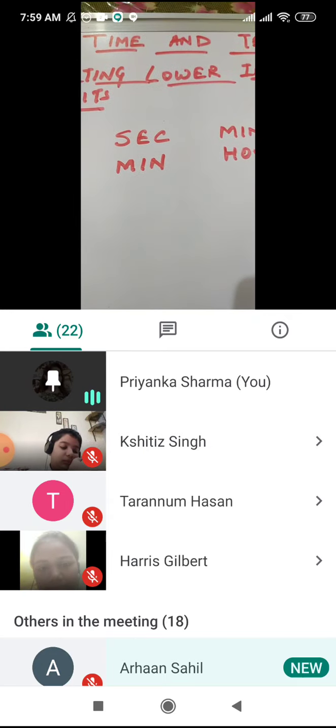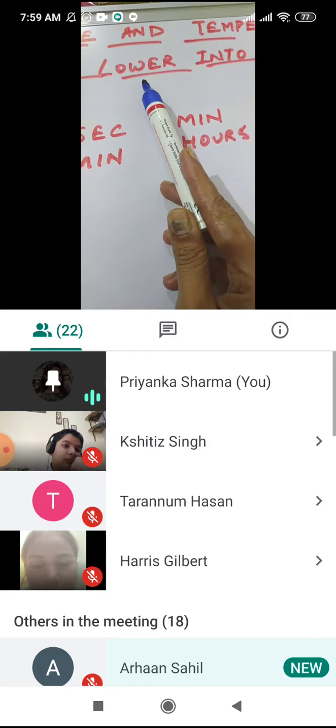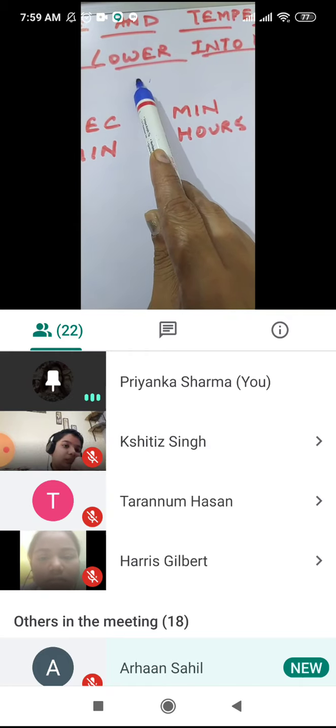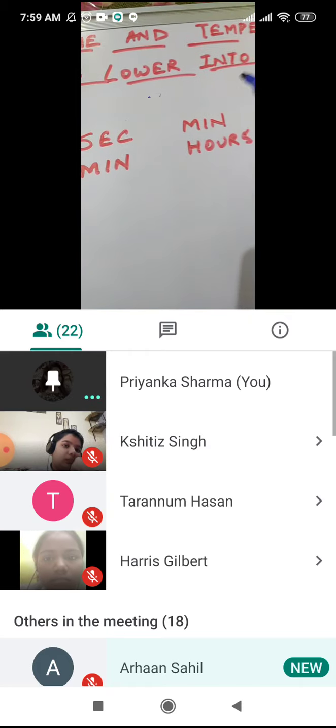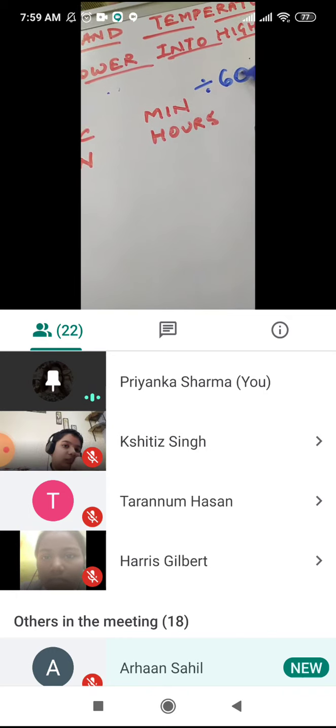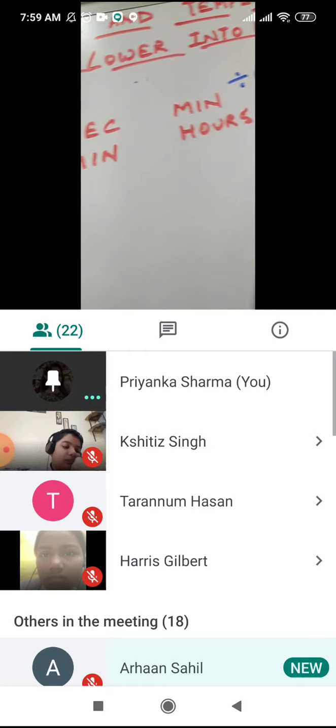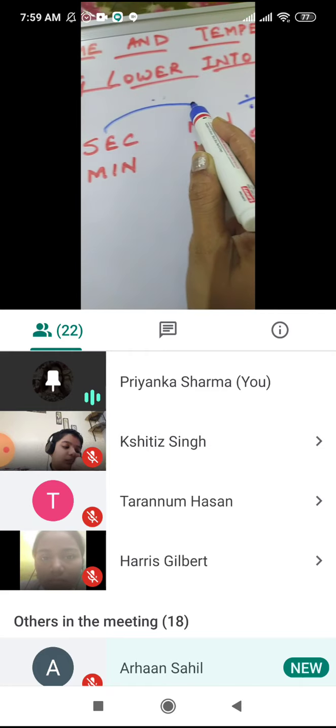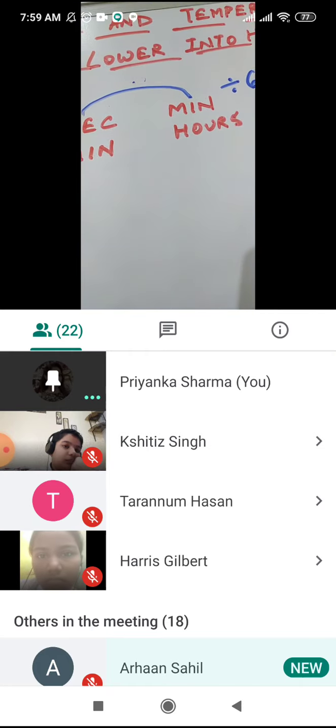Now today, when we are converting the units from lower to higher, we have to divide the number by 60. From smaller to bigger unit.